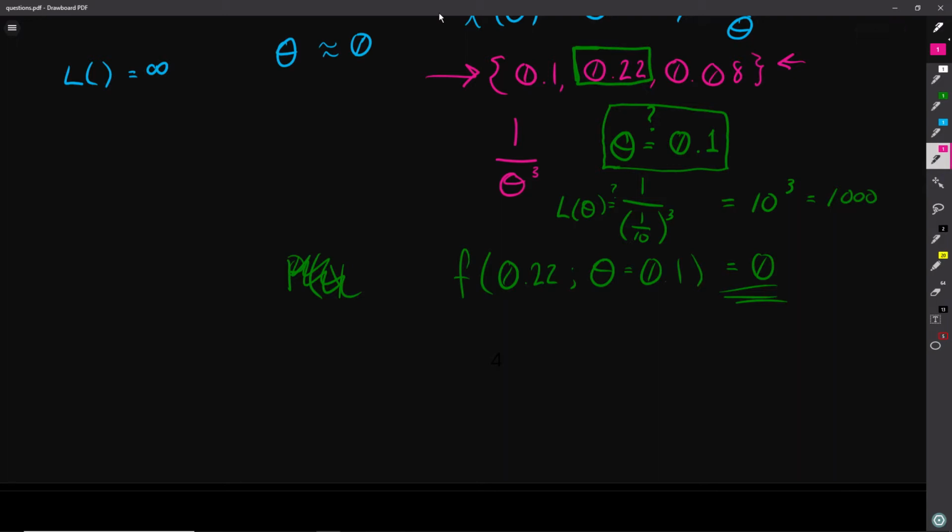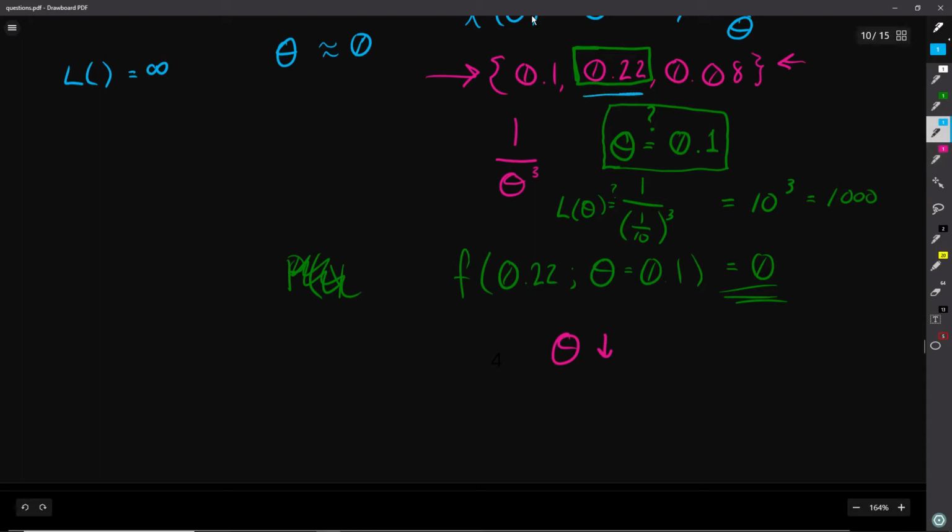Okay, so now we have this conflicting realization. We want theta to be small. However, we need to still be able to observe all of the values in our sample. So what's the smallest possible value we could have observed for theta? The smallest possible value for theta is this 0.22, right?